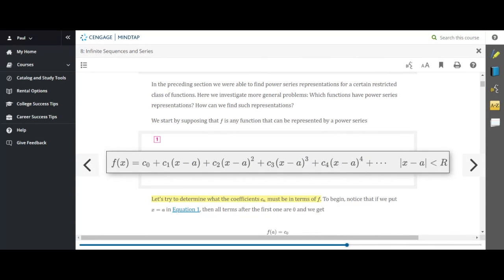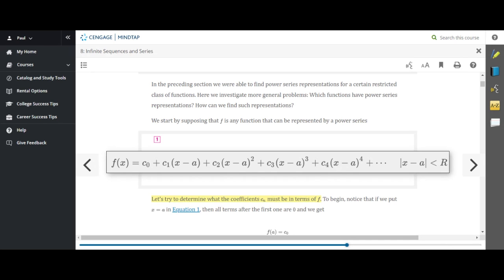We said, let's suppose we can take a function. The function has to have continuous derivatives, has to be differentiable, so higher derivatives exist. But we're going to write the function as this power series in the gray box there.